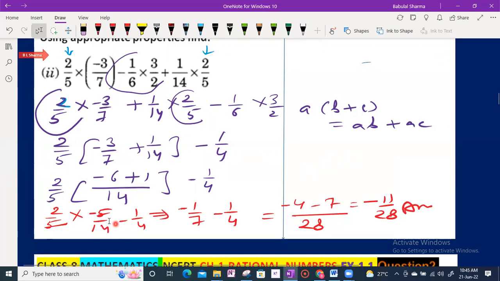Because here this sign is minus, so this sign will also be minus. So here again you can write this property using distributive property. The answer is minus 11 upon 28.